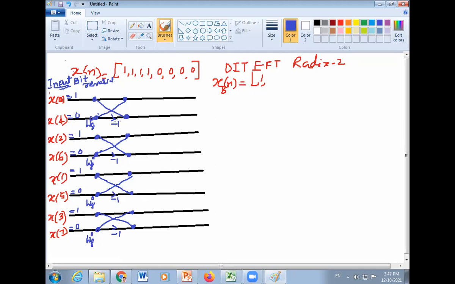Remember one thing here: the line where -1 is there, we are adding the multiplier there. And here the value of this W8 to the power 0 will be equal to W2 to the power 0 because it is a 2 point value, which can be written as 1.